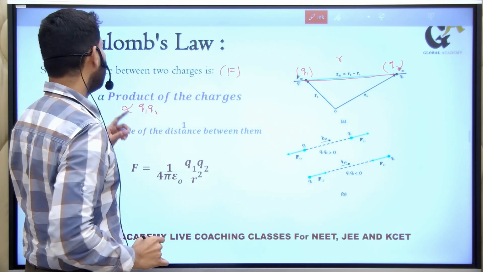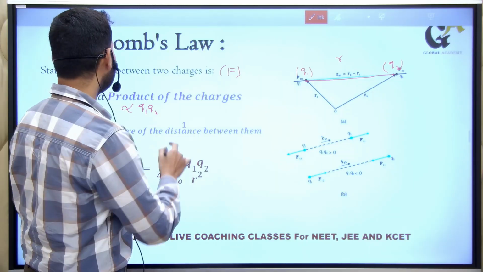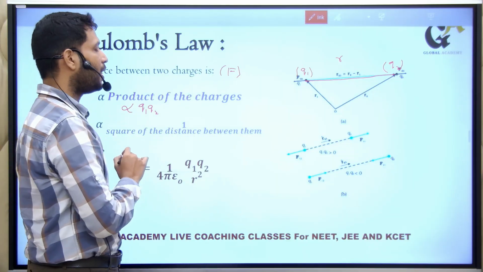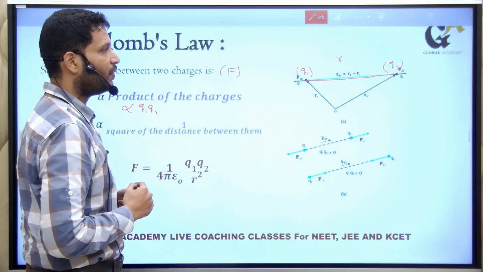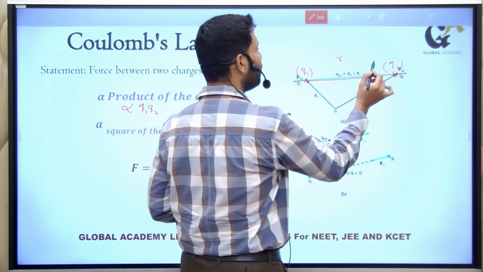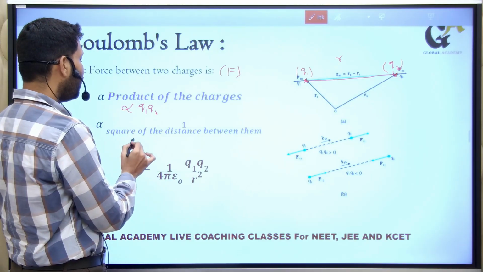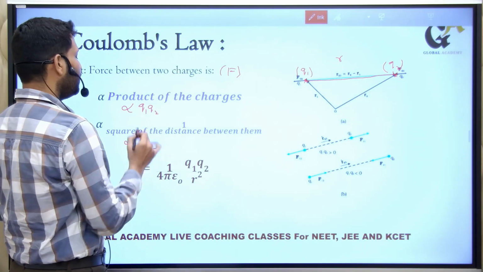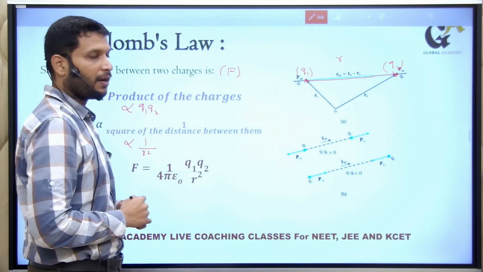From the second part, which is the continuation of Coulomb law, the force between the two charges is inversely proportional to the square of the distance between them. Here I have considered the distance between the two charges as r, so F is inversely proportional to r square, right?